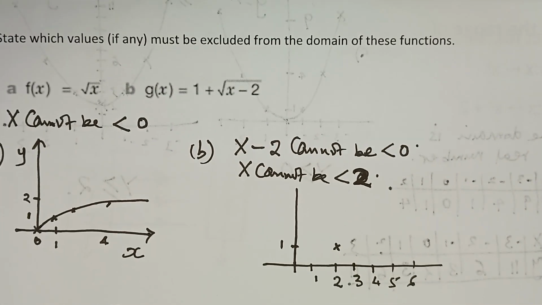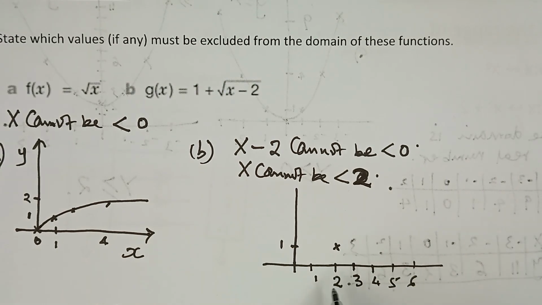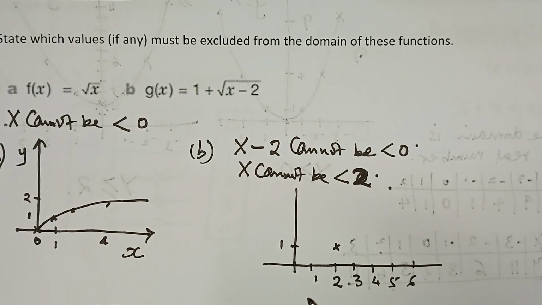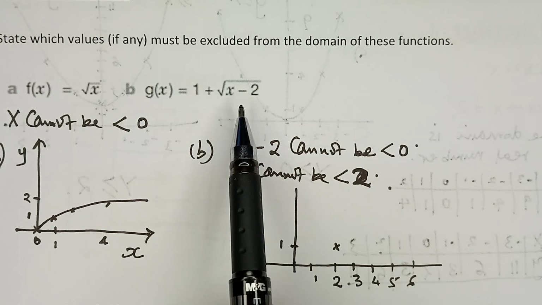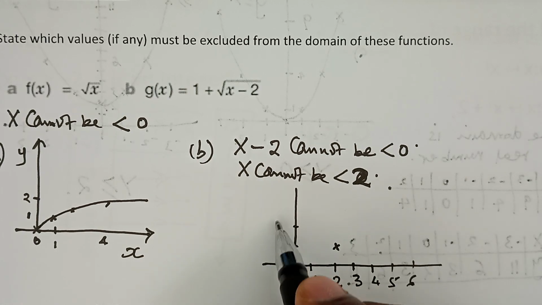Let's just see what's happening down here. x cannot be 1, because when x is 1, 1 minus 2 is negative 1. There's no square root of a negative number. But when x is 2, 2 minus 2 is 0, root 0 is 0, plus 1, y is 1. When x is 3, 3 minus 2 is 1, root 1 is 1, and of course 1 plus 1 we have 2.